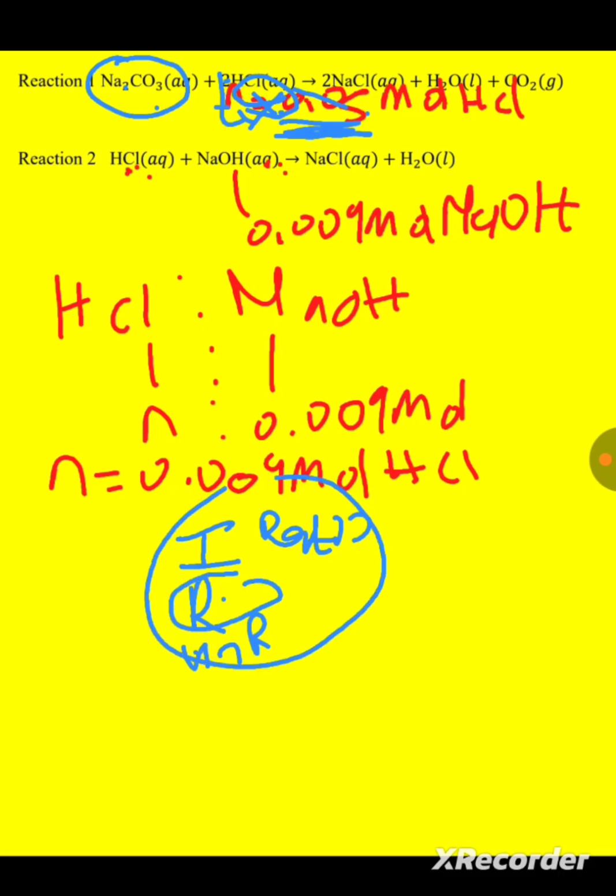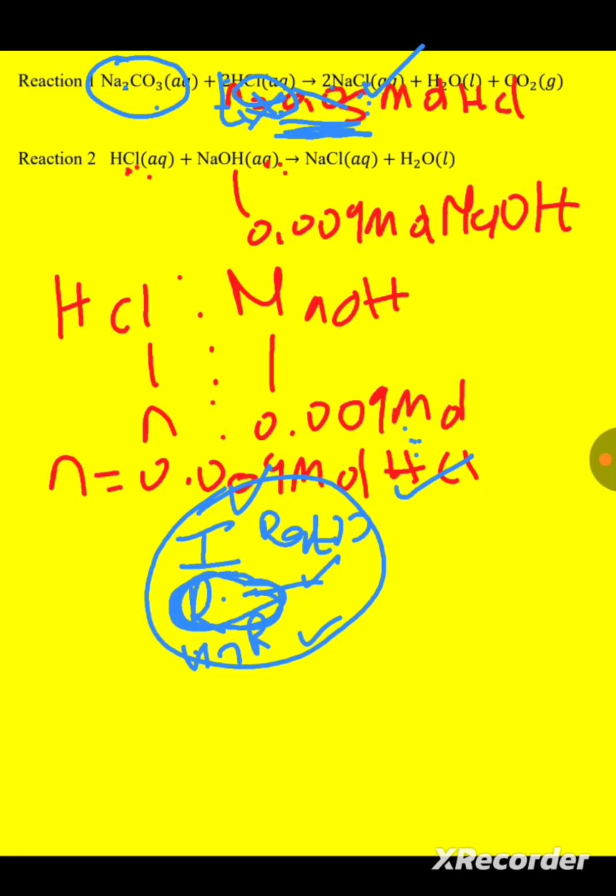It has got initial, reacted, and unreacted, but the number of moles that you should use in a ratio to get information about another substance is the reacted number of moles. What do you do with the initial and unreacted number of moles? You subtract them.